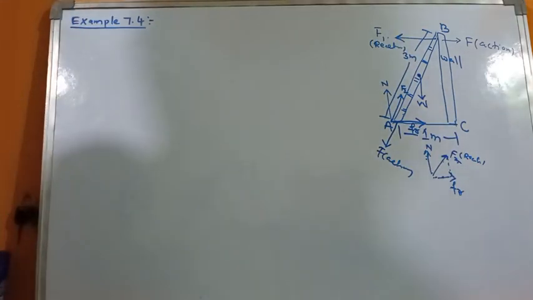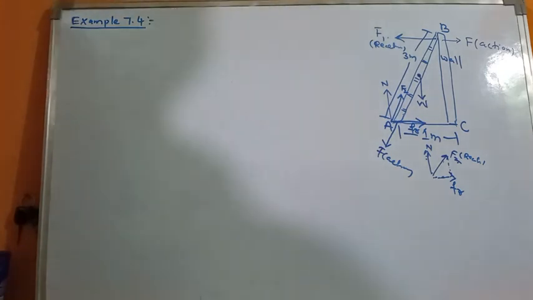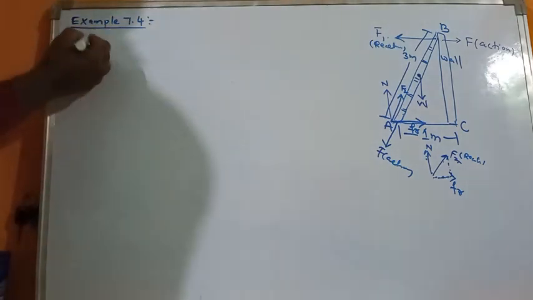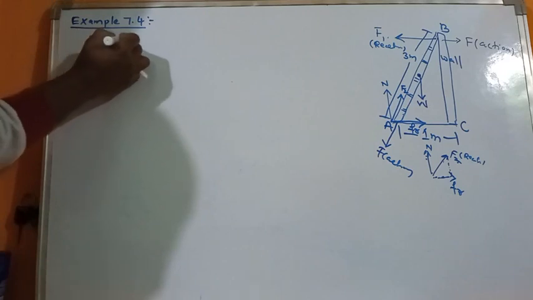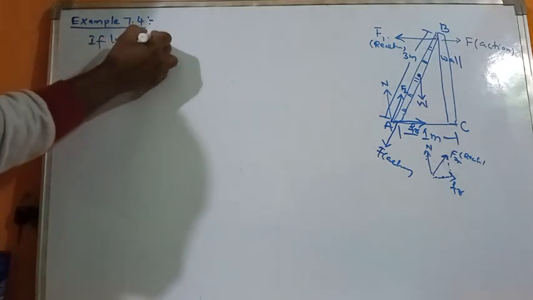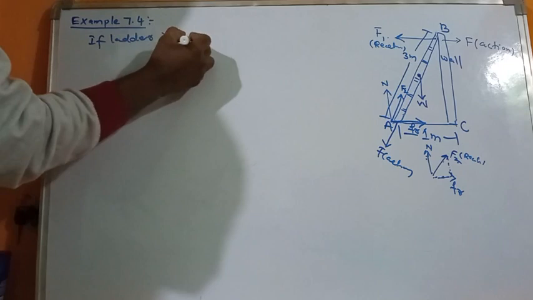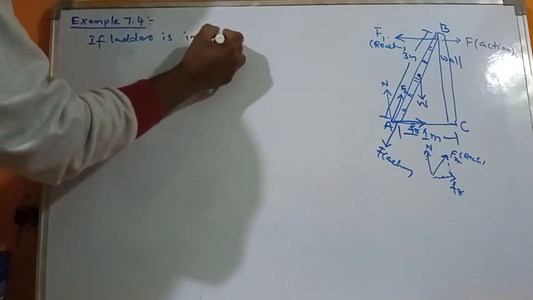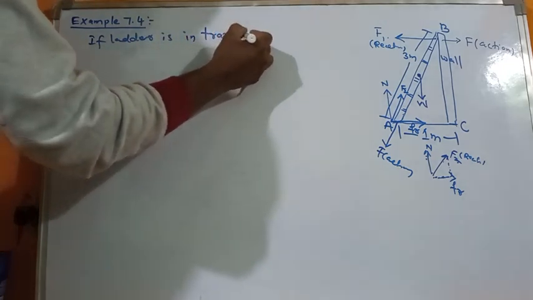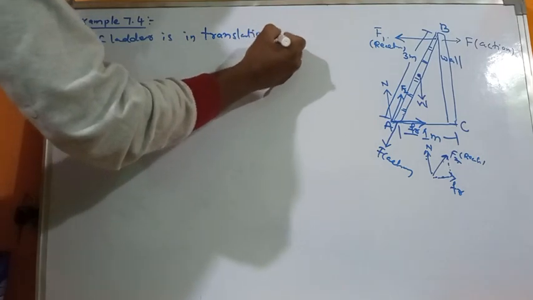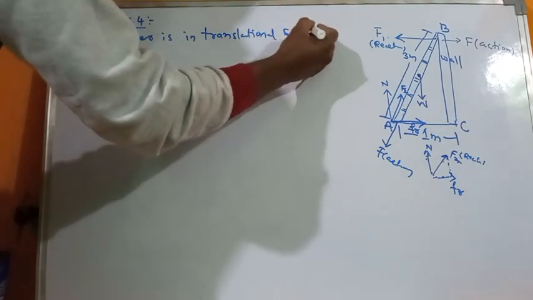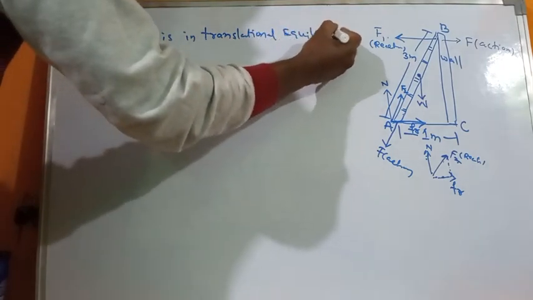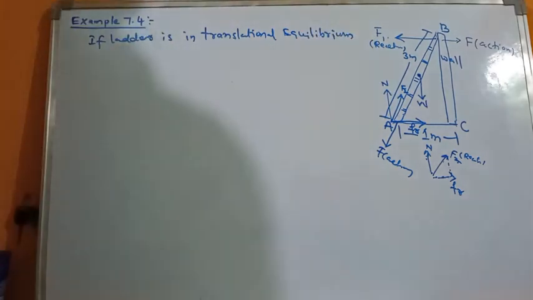Okay, so suppose this ladder is in translational equilibrium. Translational equilibrium means there is no translational motion.